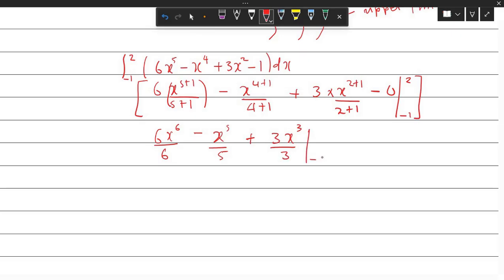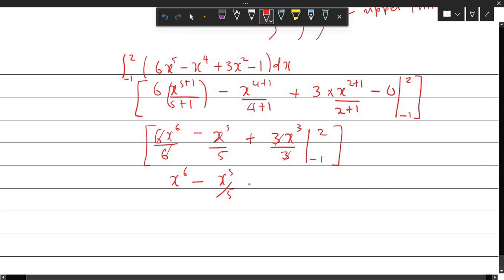We're integrating from -1 to 2. So 6 and 6, they'll cancel. This and this will cancel. This and this will cancel. So we'll remain with x to the power 6 minus x to the power 5 over 5 plus x to the power 3. So we're integrating from -1 to 2.